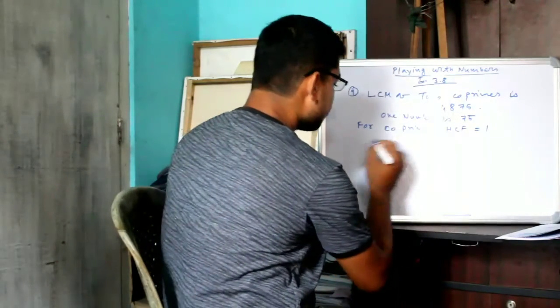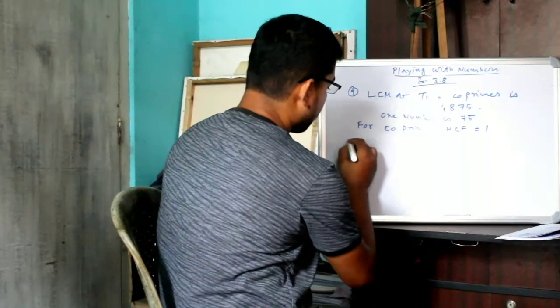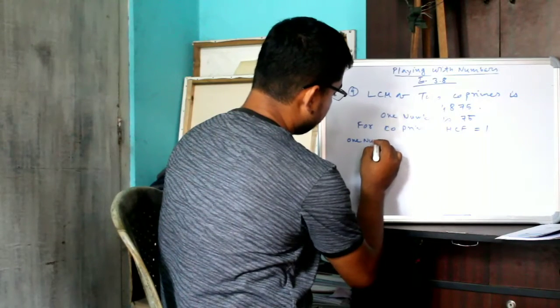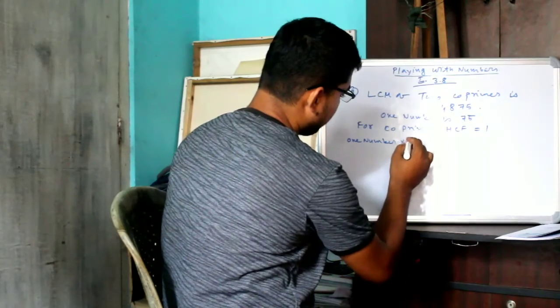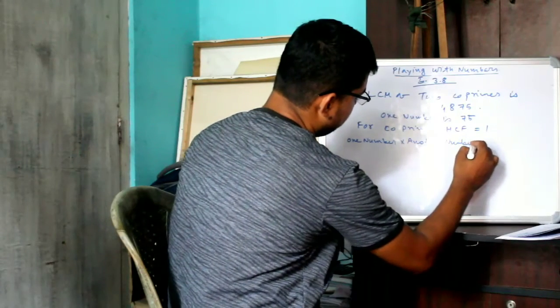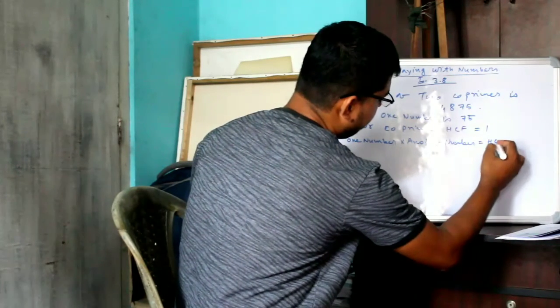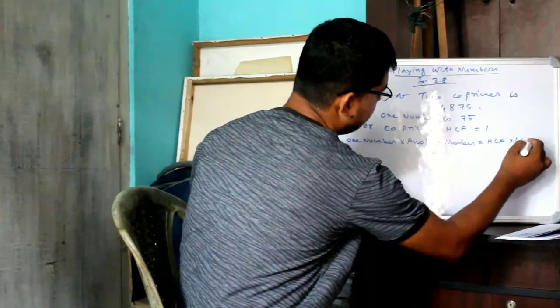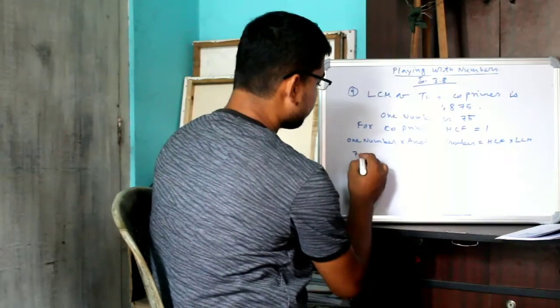So now one number into another number equals HCF into LCM. One number is 75.